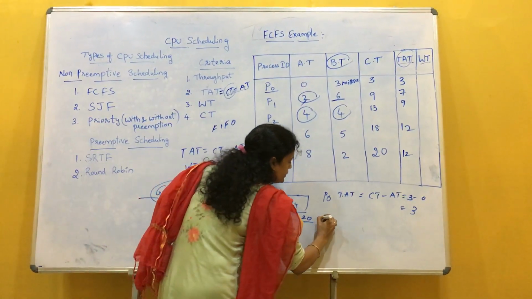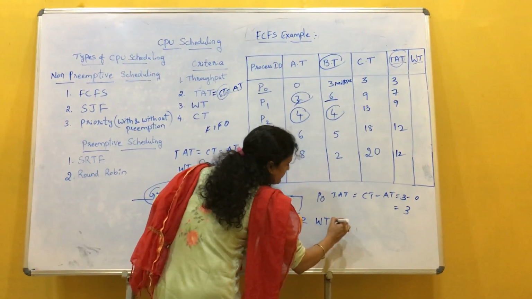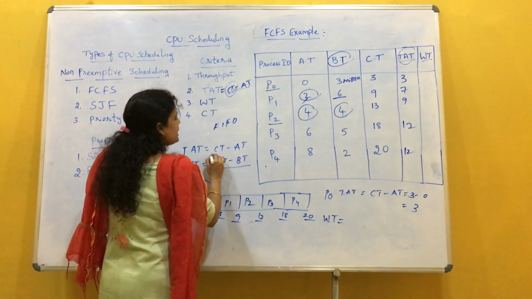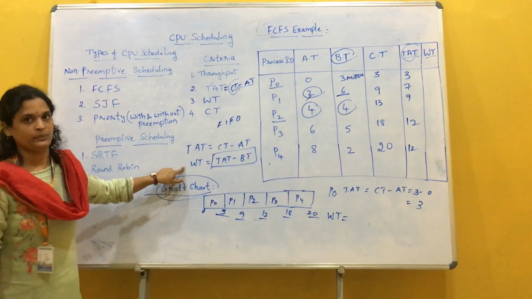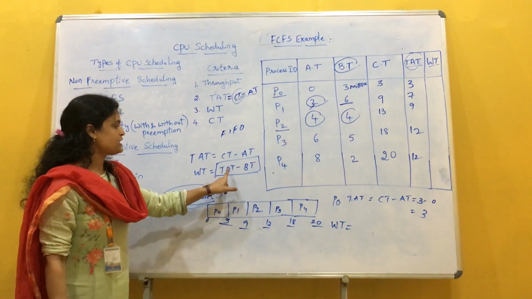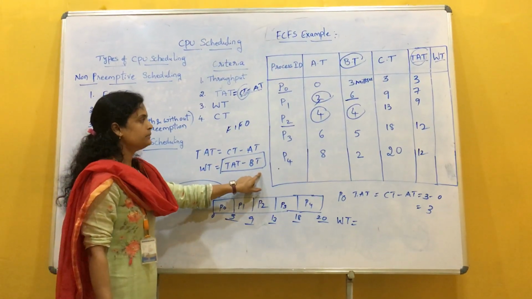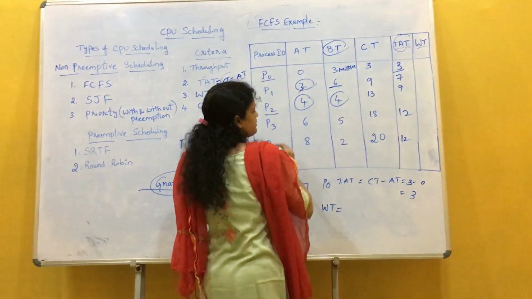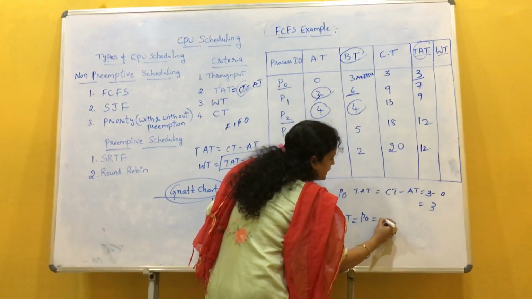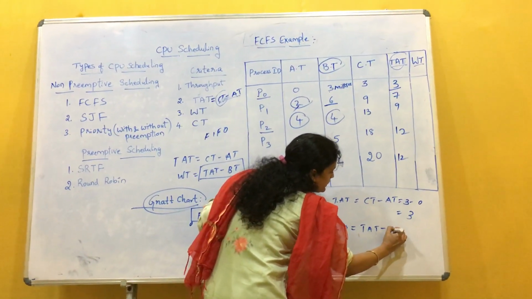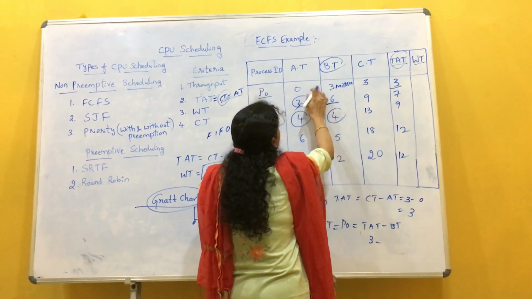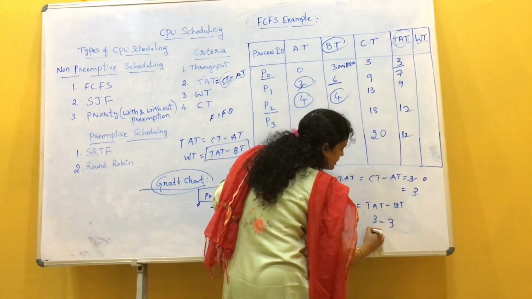Now we need to calculate waiting time. Waiting time equals turnaround time minus burst time. For process P0, TAT minus BT: 3 minus 3, 0.